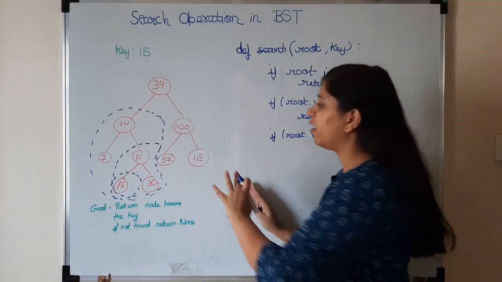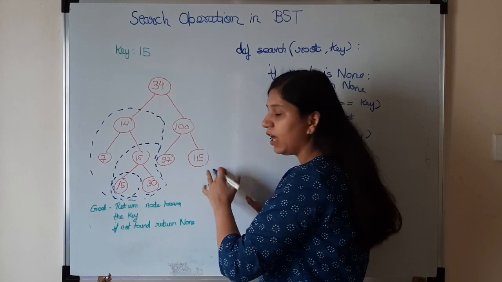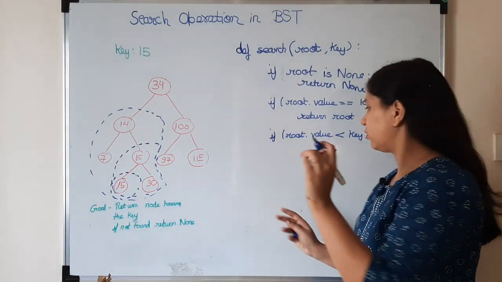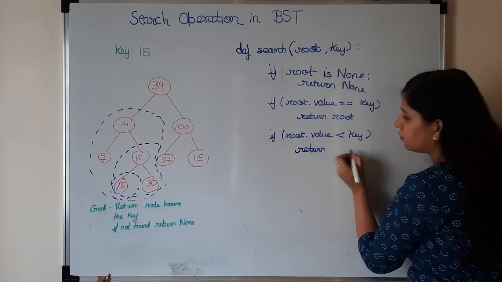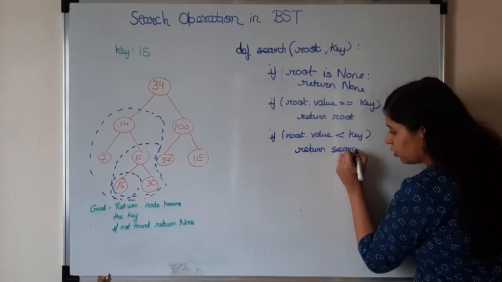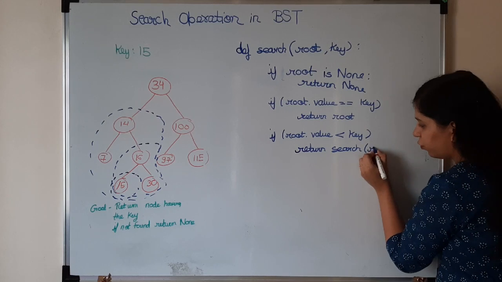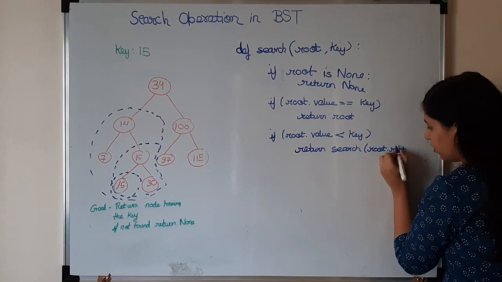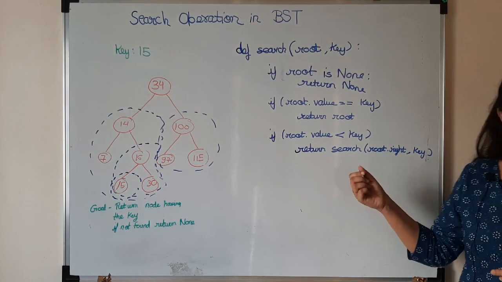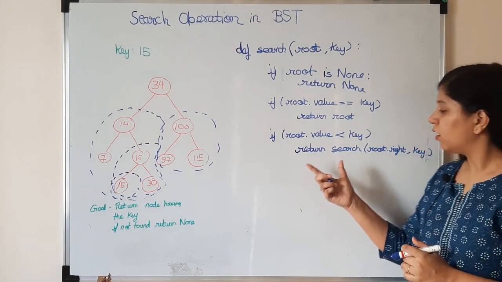So whatever I get after searching from this tree, I'll return it. So what I'm saying is: return search(root.right, key). So now let's see what I have done here.